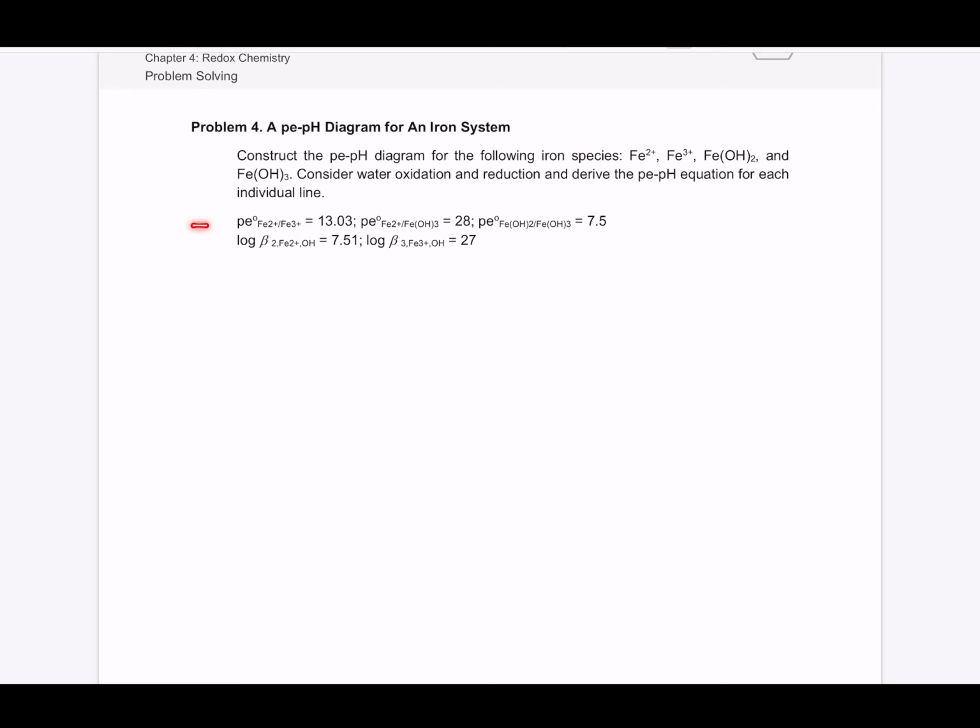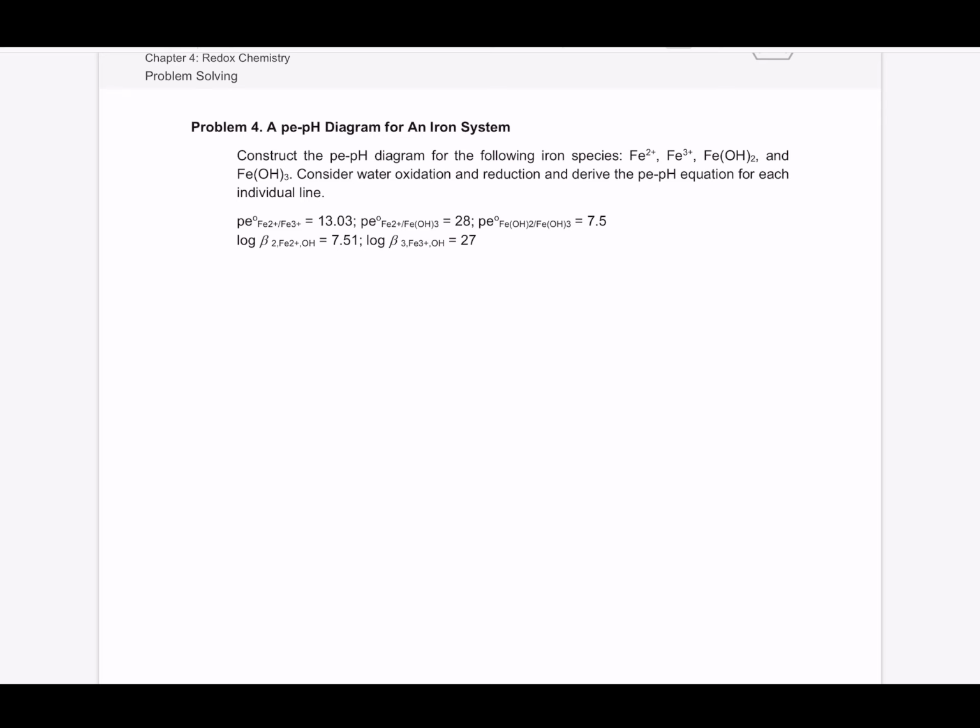And it seems, based on the information that is given, we're expecting 3 redox reactions and 2 complexation reactions, because of this beta. So that means 5 relationships between the species, and that means 5 lines we're expecting in our PE-pH diagram.